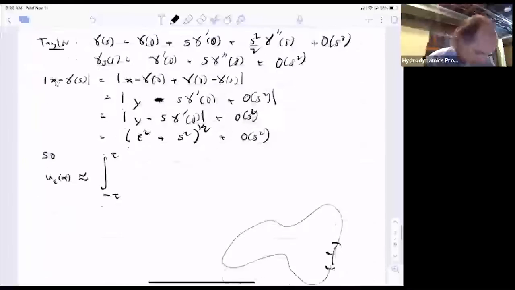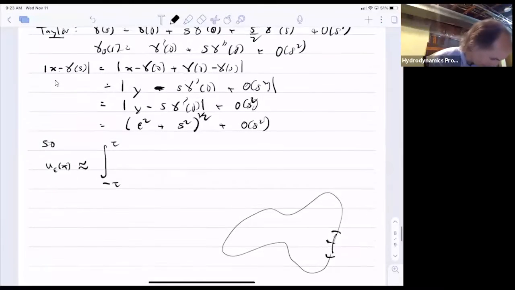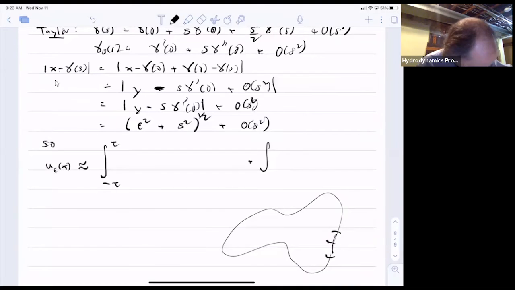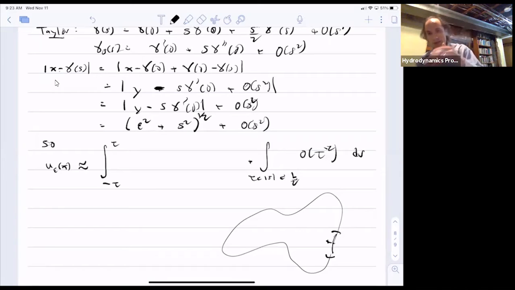So the integral over tau less than s less than L over 2 is like O of tau to the minus 2 ds. Okay, that's going to be small. So what I want is for tau to be roughly 1 or close to 1, but small.